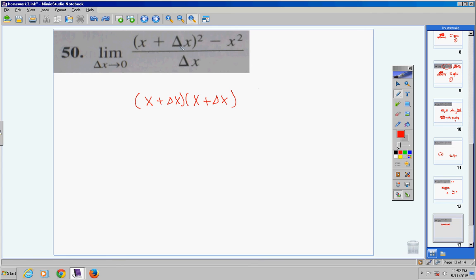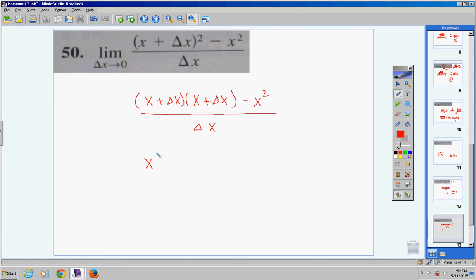So x plus delta x squared means write the parentheses twice. So x plus delta x times x plus delta x minus x squared all over delta x. Now, up here in the top, take my x and multiply it through, then take your delta x and multiply it through. If you do that correctly, you will get this.